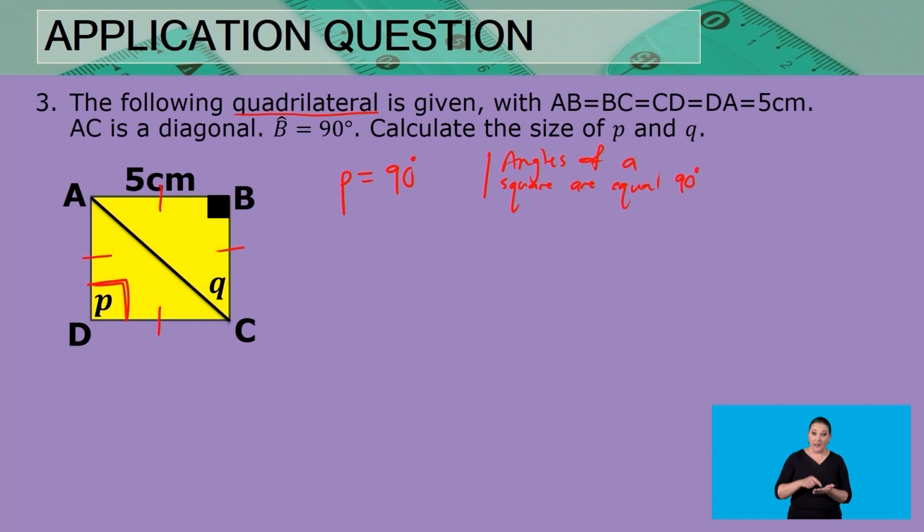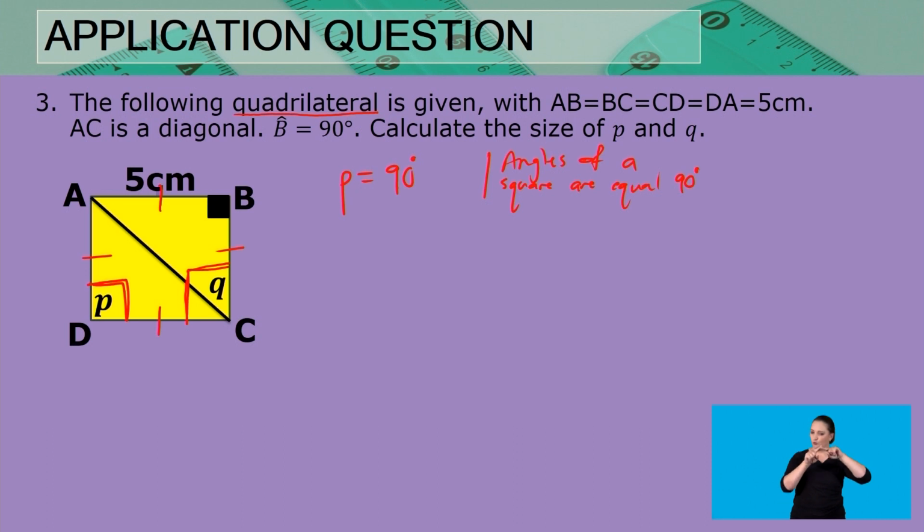Then let us calculate our Q. In calculating our Q, we are looking at where Q is. Now Q is also part of angle C. We already know that angle C is 90 degrees, and this is because this is a square. But now AC is a diagonal. And what do we know about the diagonals of a square?